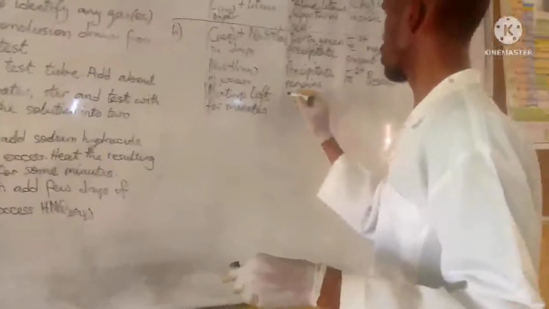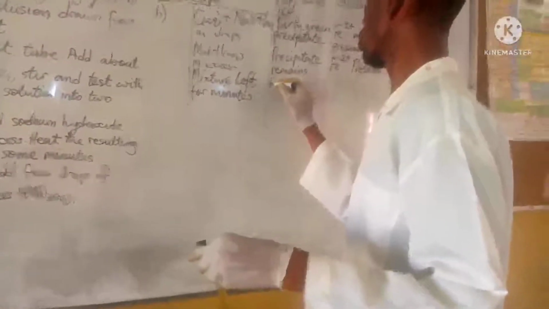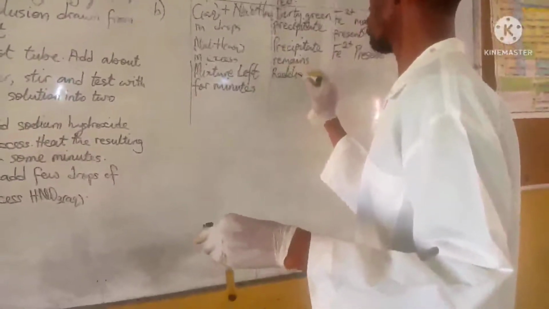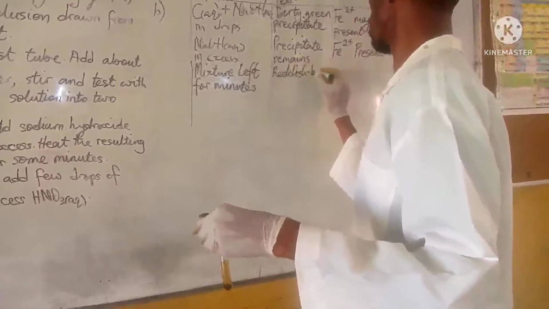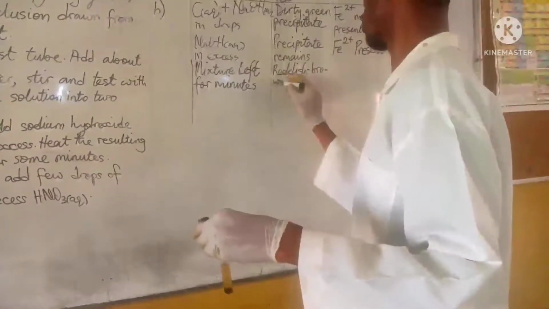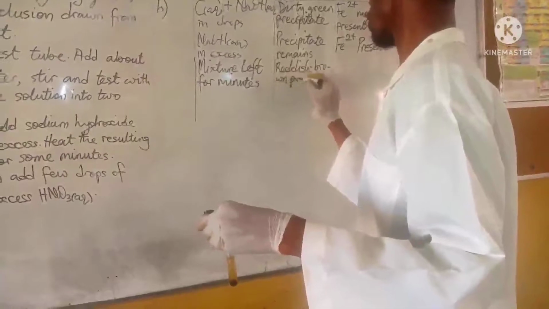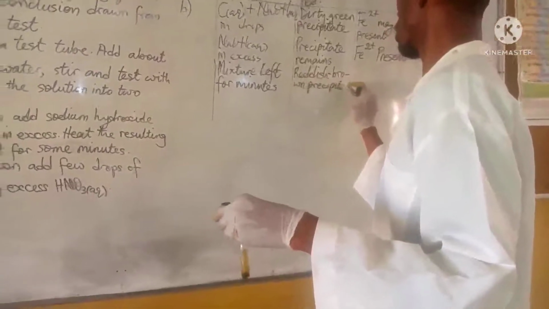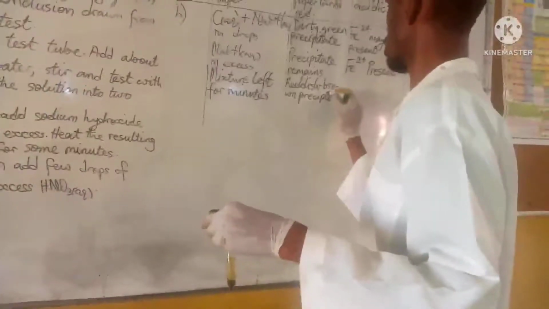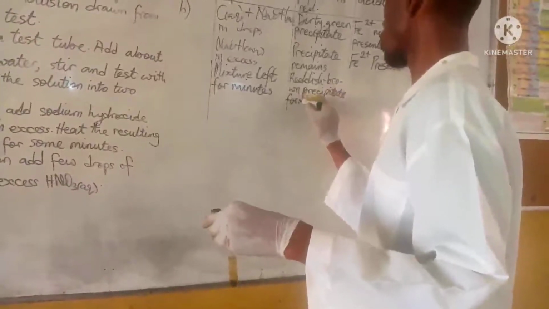Reddish brown precipitate forms. You can add at the upper part.